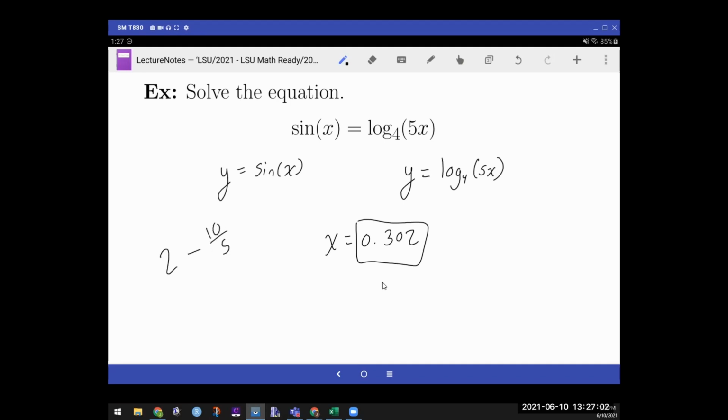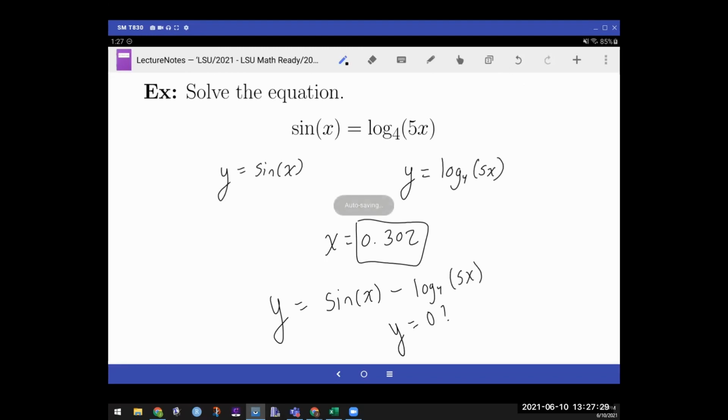If I were to subtract those two things, I would get 0, because they're equal to each other. So I can think about this as one equation where I subtract one side from the other side. Then I just have to look at the graph and find where y equals 0. That's another way you can do it.